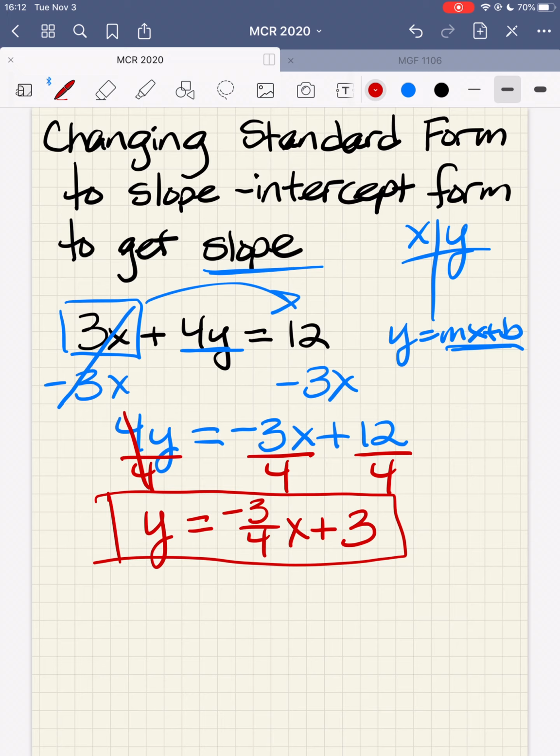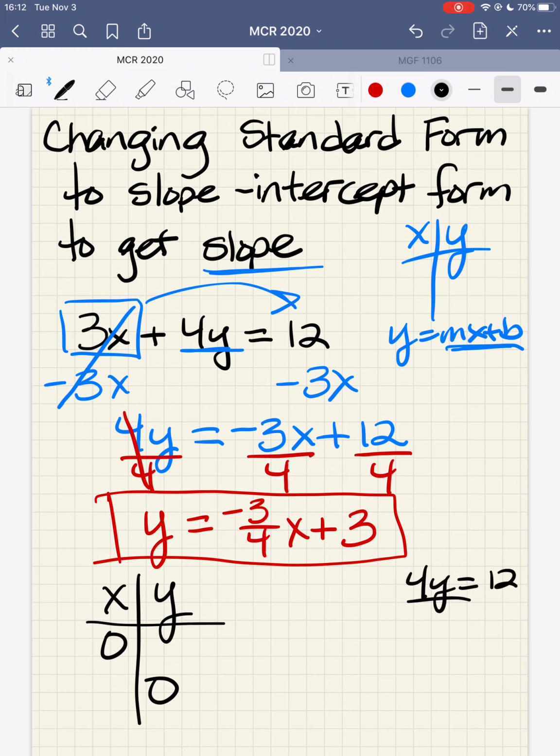If I had gone ahead and done an XY table, let's look at that, for my original equation, and used my intercepts, if x is 0, I'm left with 4y is equal to 12. If I divide by 4, y is equal to 3. I get my y-intercept.